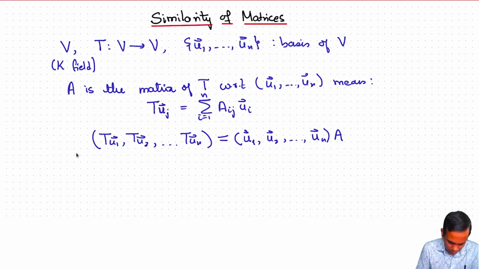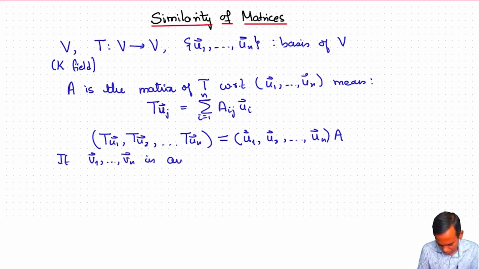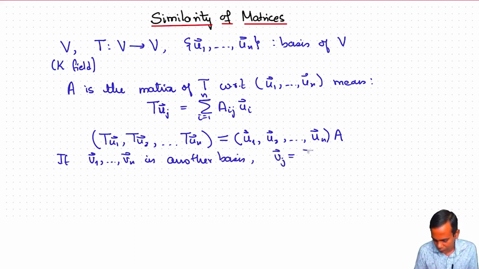Okay, now let's see what happens to A under a change of basis. So suppose we have another basis v1, v2, ..., vn. Then we can try to expand these new basis elements in terms of the old basis. So let's say vj is equal to the summation, i goes from 1 to n, of x_ij u_i.